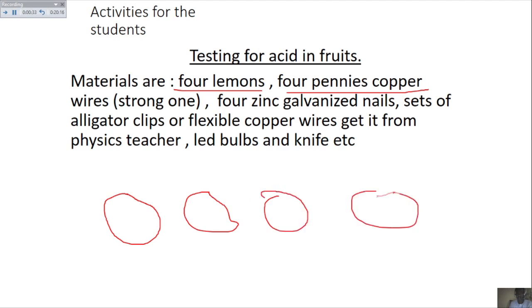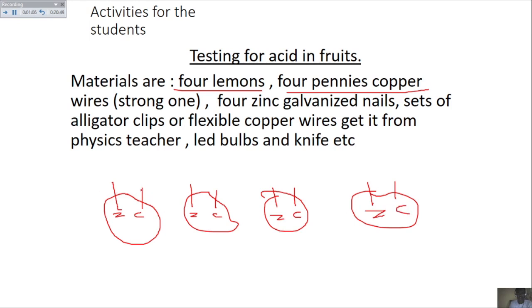This lemon for lemon. Then you put zinc and penny. You put zinc and penny. You put zinc and copper, zinc and copper.